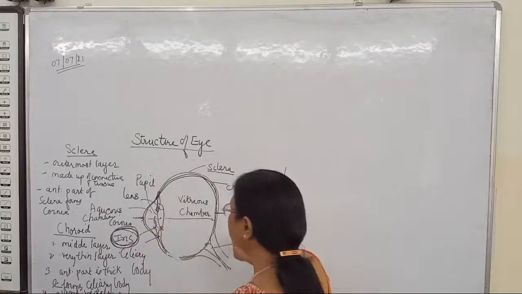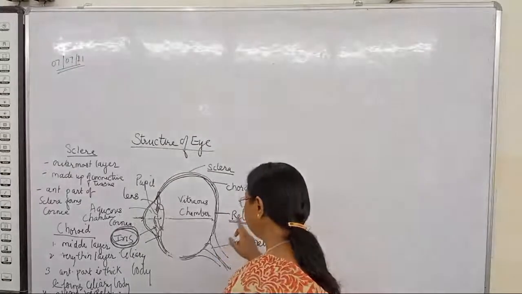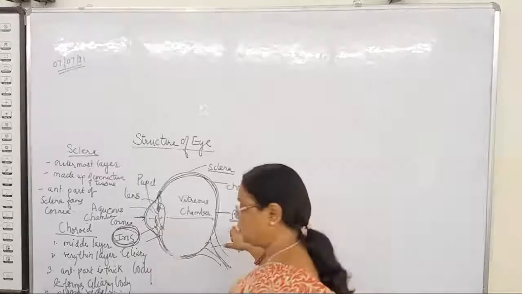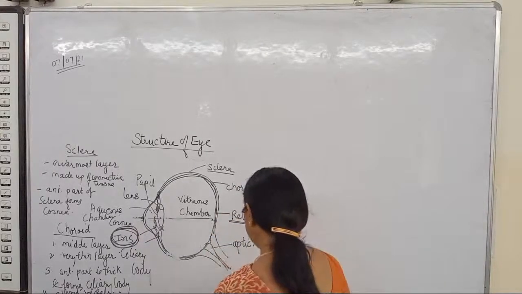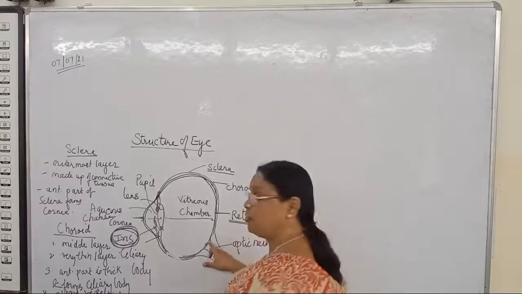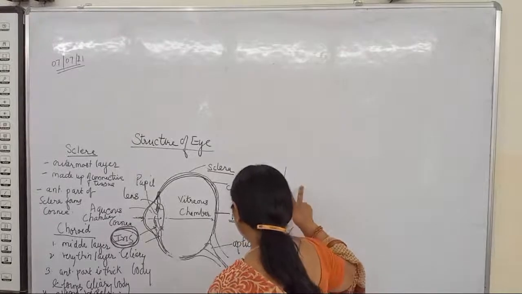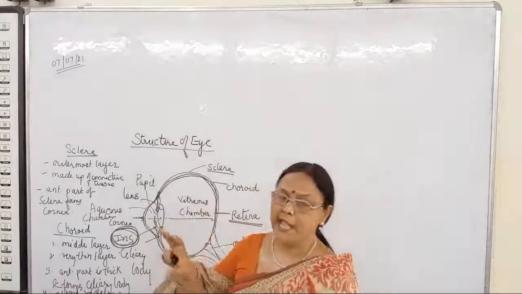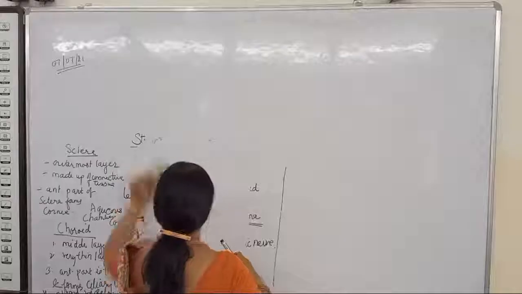retina. Now here the retina is very much important. So we will talk about the retina. Now the retina is the layer where the image is formed, and from this, through the optic nerve, the information about this image is carried to the brain, and from the brain the messages come back, and then you are able to analyze and see the image, right?